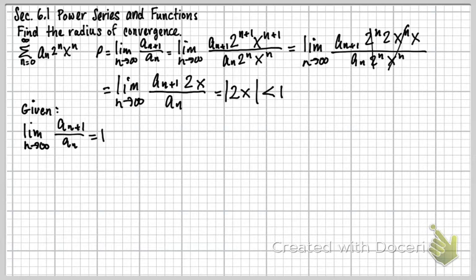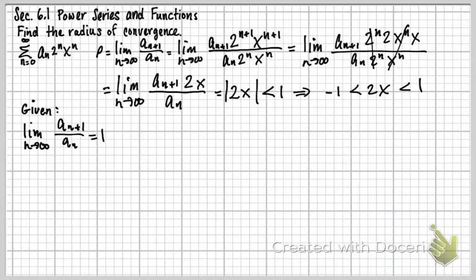So this tells me here that really what I'm looking at is that 2x has to be between -1 and 1. That's really what this is saying. Just so you know, yes, it has to be between -1 and 1, and it is the absolute value of that.